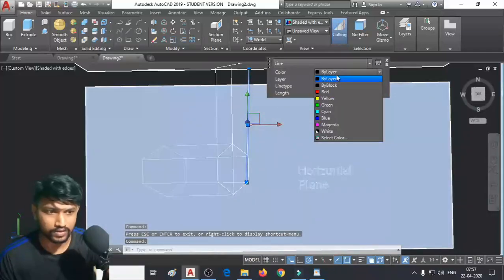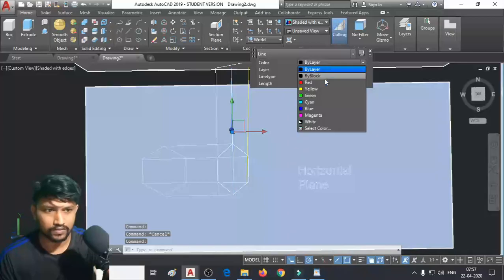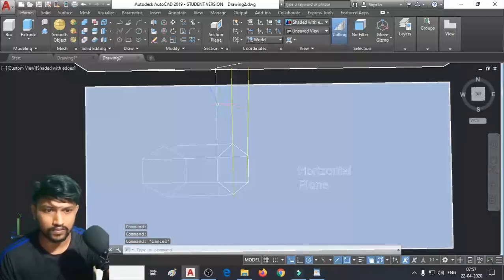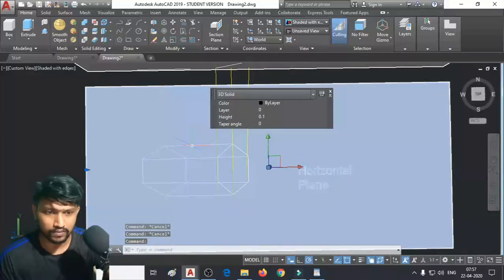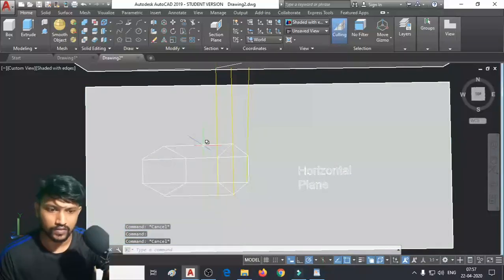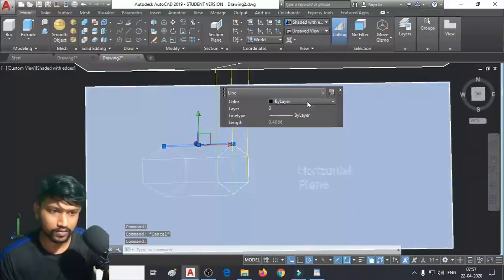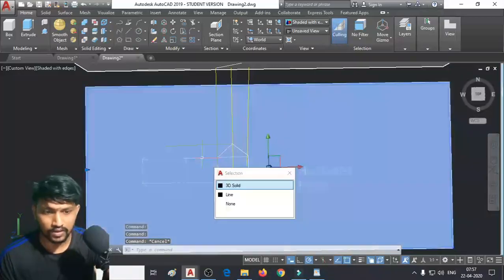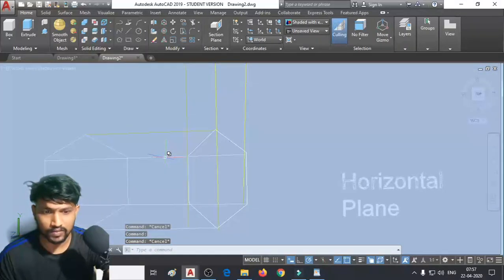I'm going to change the projection lines. You can change the line color by going into the layer properties, but selecting all of them is somewhat a difficult task.